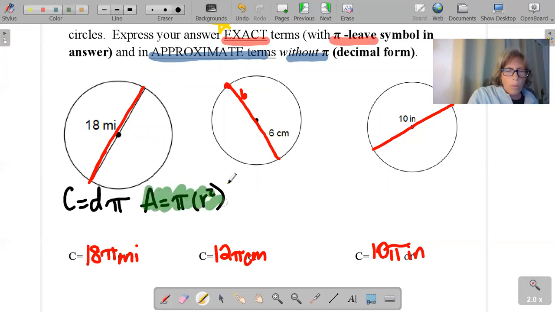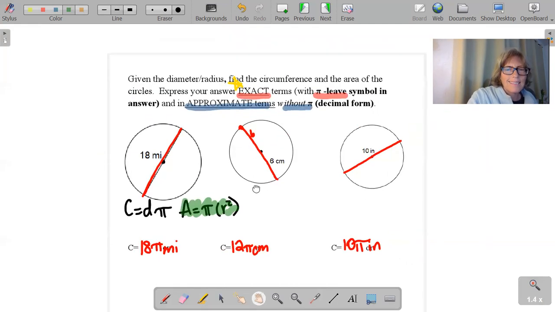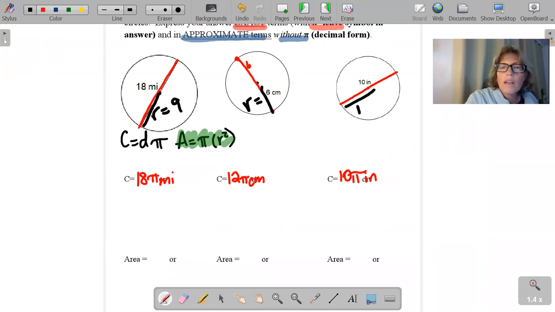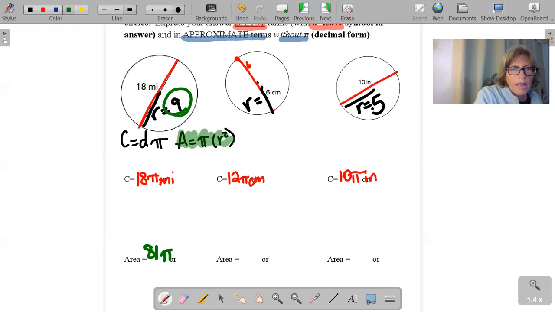Area, pi r squared. So our radius here is 9, our radius is 6, and our radius is 5. So pi r squared, we're going to square 9, and our area here is 81 pi, and now your units are squared, miles squared.